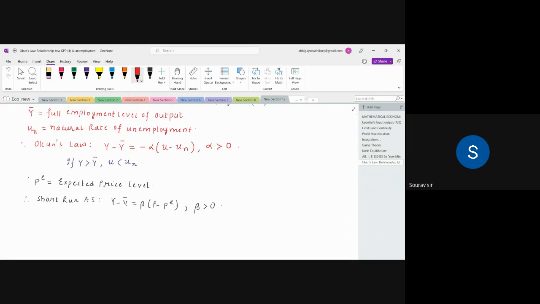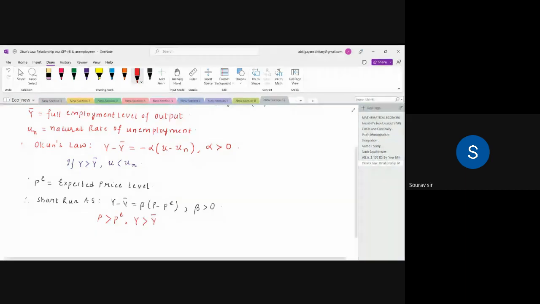If today the price that you observe is greater than the expected price you had, then you will produce output more than y bar. Correct? Yes, sir. So that means there is a positive relation.